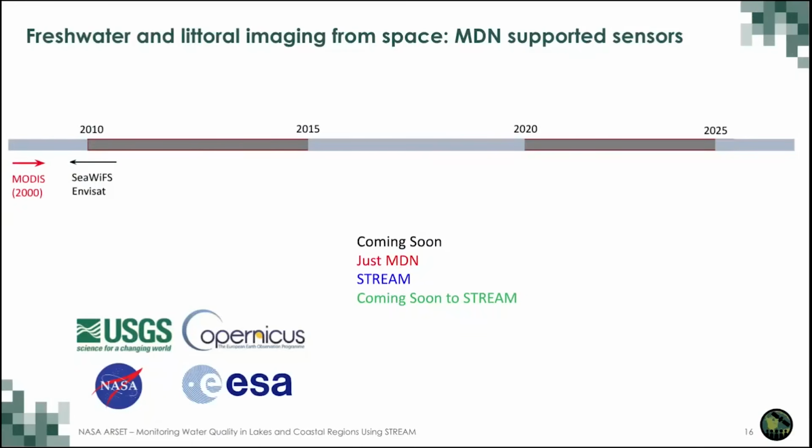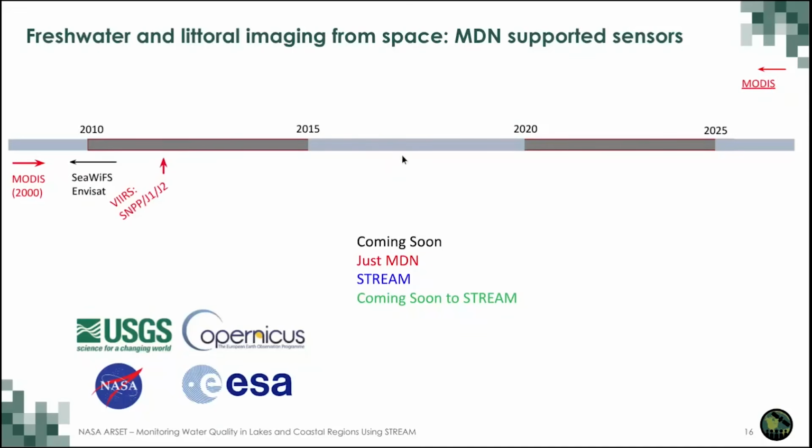MODIS is a multispectral instrument which can capture at kilometer scale resolution with a near 1 to 2 day temporal resolution. This satellite sensor has lasted for the last 26 years, so it can produce time series and climatology of given regions. This is supported by the MDN.